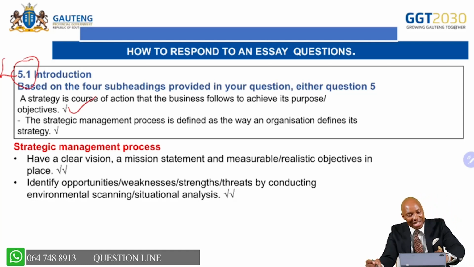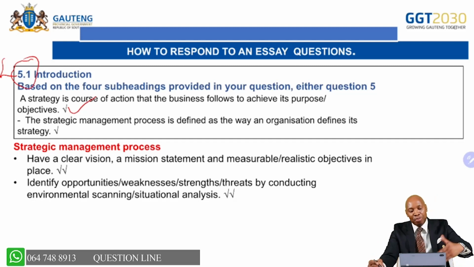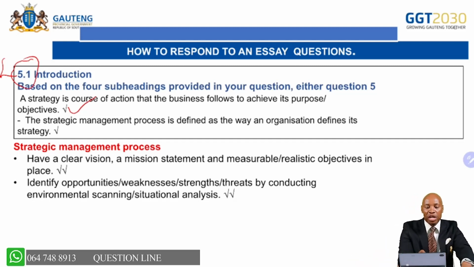Then, strategic management process. Because your essay is based on strategic management process as one of your sub questions, therefore, you can use your strategic management process is defined as a way an organization defines its strategy.